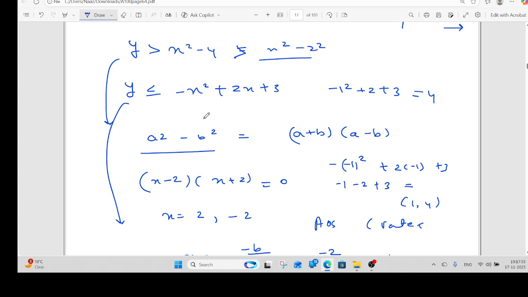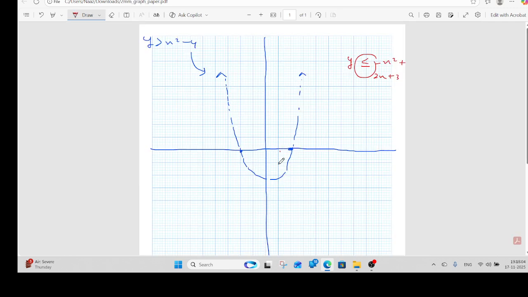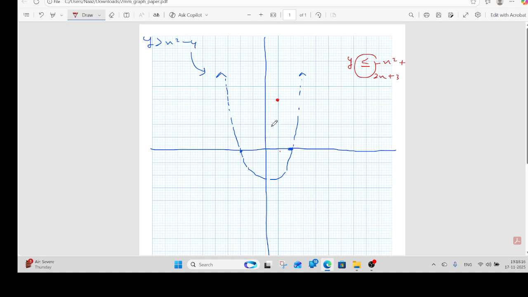Now we have all these points. Let me check. So these are my values. The vertex is 1, 4, so x is 1 and y is 4. So this is my vertex, 1 2 3 4, yeah, this is my vertex. And then the other point is 0, 3, x is 0, y is 3, this.